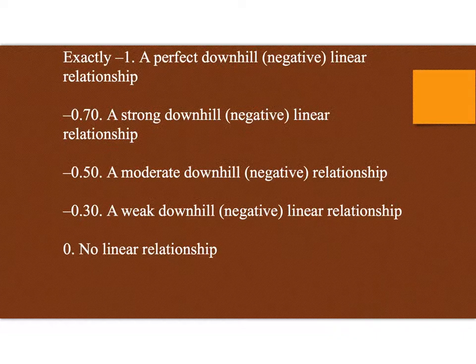Now we're going to talk about strength. So, if it came out -0.70, it's a strong negative correlation. 0.50 is a moderate. 0.30 is a weak negative relationship, and 0 is none. So if I gave you a number of 0.840, it would show you that it's positive because there's no negative sign.